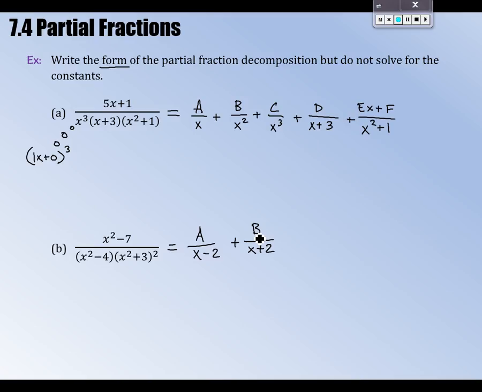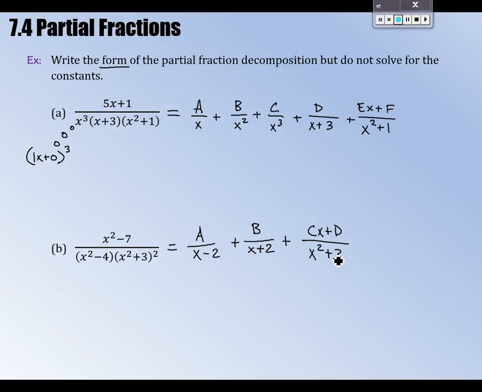And how do you do the next one? All right, so what about x squared plus 3? At least at this stage it's obvious that x squared plus 3 is an irreducible quadratic. Is that obvious to you? So we have Cx plus D over x squared plus 3. And then this next part, if you understand what I'm about to write, means you understood bullet point 4 on the previous slide.